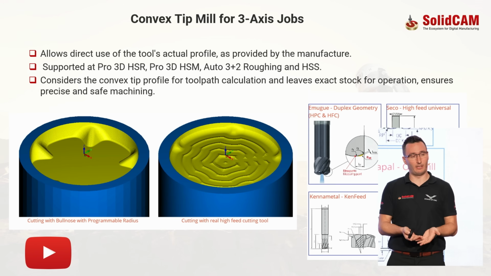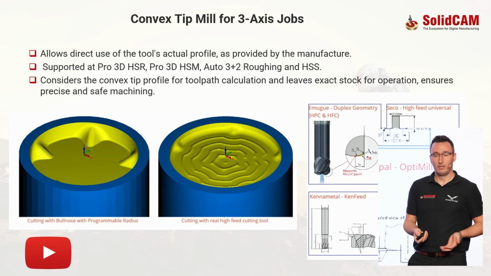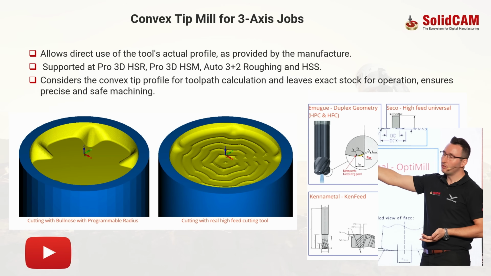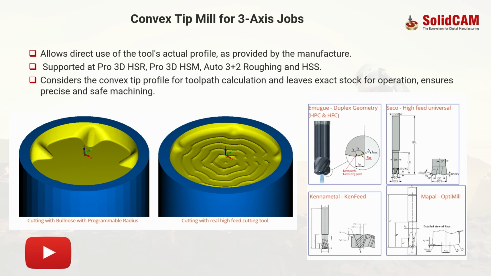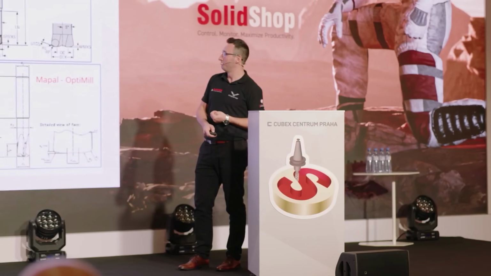They created a bullnose mill or a ball-nose mill, which actually resulted in uncorrect stock. This one is more realistic stock, and this is the true stock that will be used after using this tool. So complete support of this tool through the toolkit and also in our 3-axis and 5-axis toolpaths.